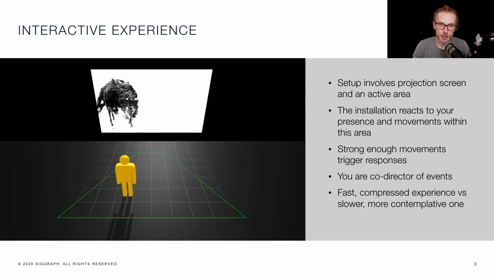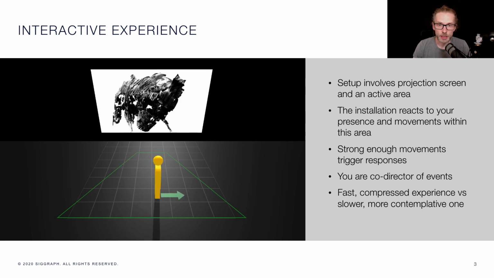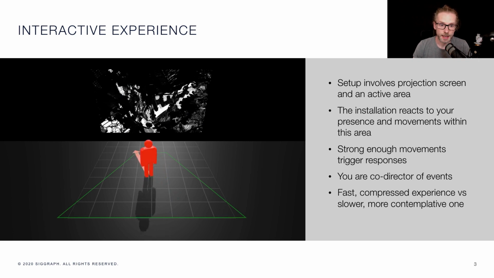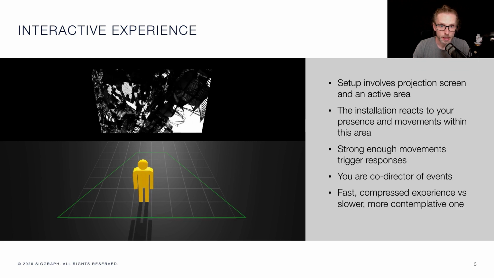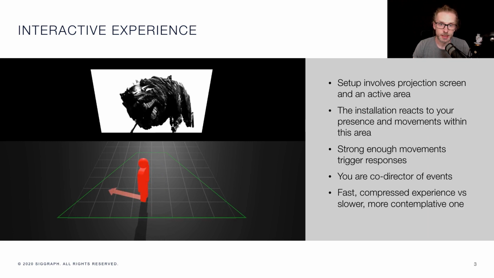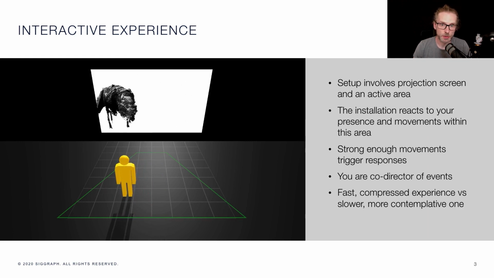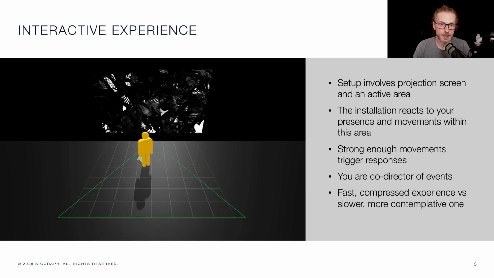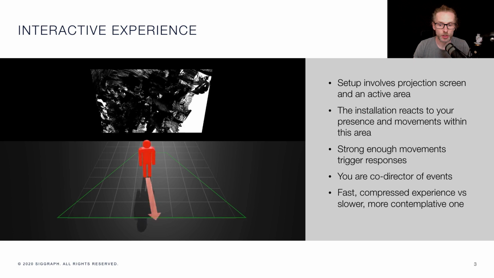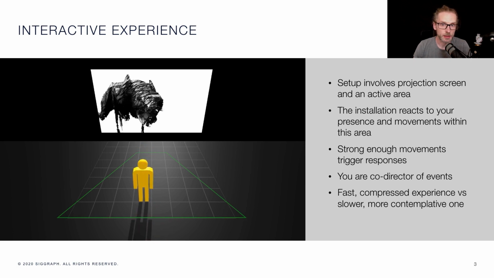And this influence over what gets shown on the screen makes you in fact a co-director of events. This way you can choose between the different types of experience that you want to have. So you can have a faster, more compressed and intensive experience, or perhaps a slower, more contemplative one.